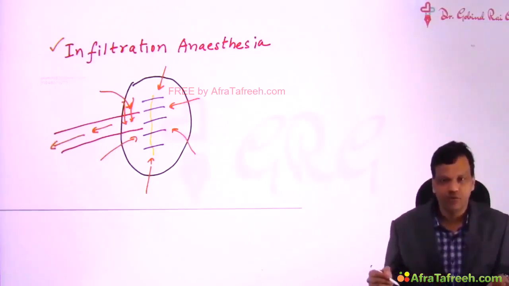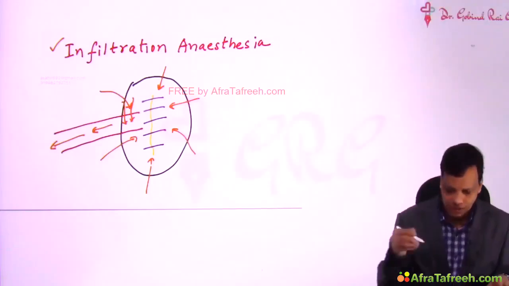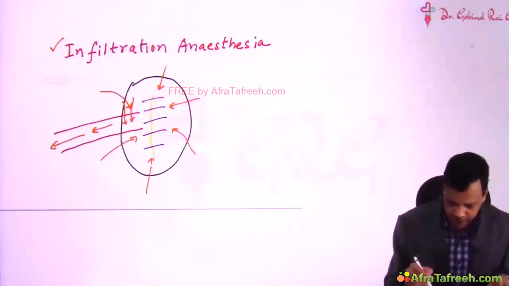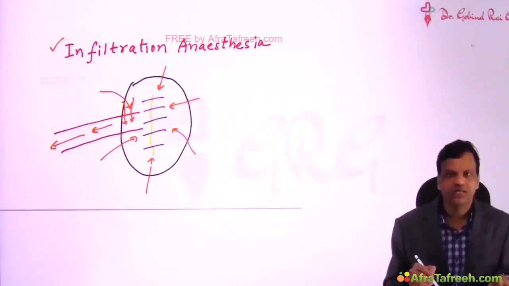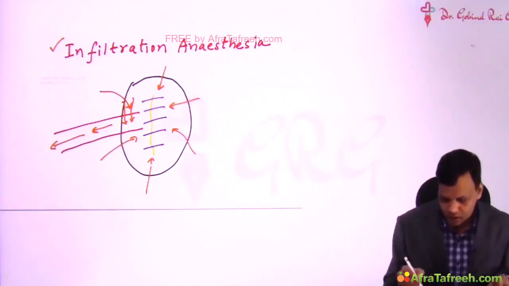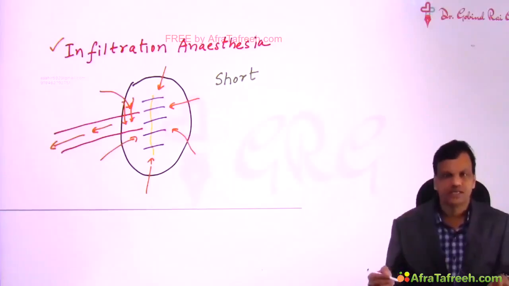So this will have two important implications. The first one is that local anesthetic is not present at the site where we want because it has gone away with the blood. So because it is not present there, it cannot cause anesthesia for long periods. So local anesthetic is short acting because it is not present there.